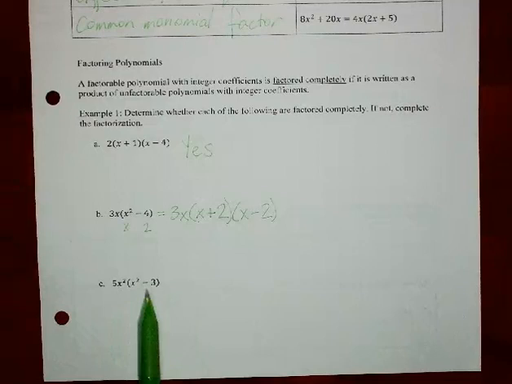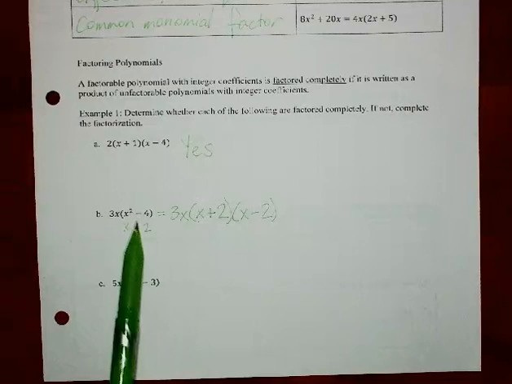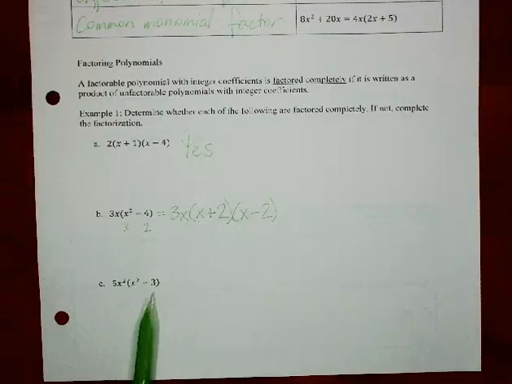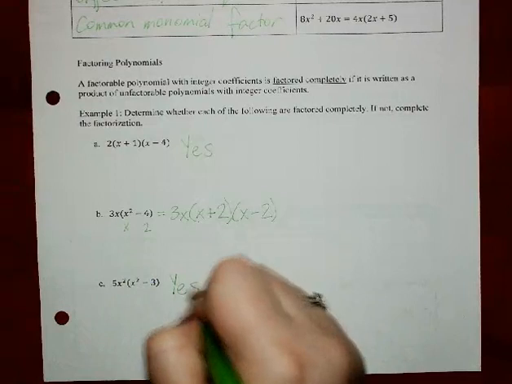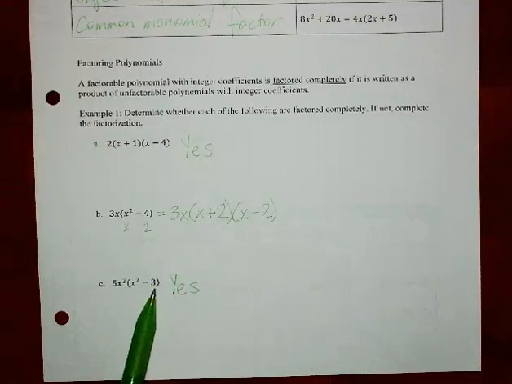Now, this looks similar to this, but the difference here is that the 3 is not a perfect square. So it's not going to be a pretty number like 2 when we take the square root of it. So this one is completely factored because we'd end up with something that's not an integer if we separated it.